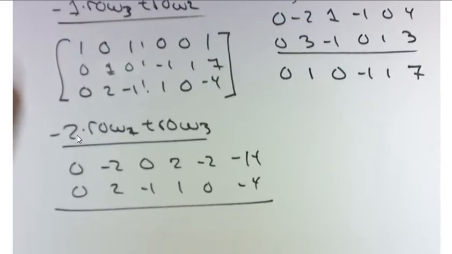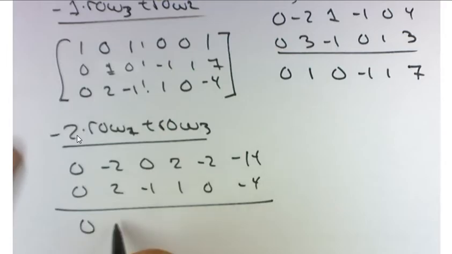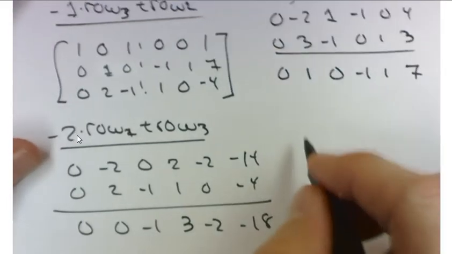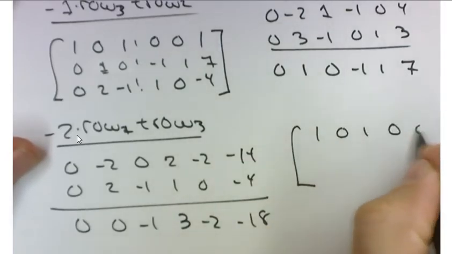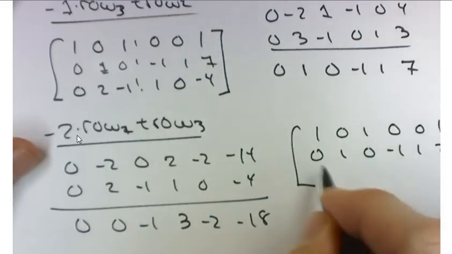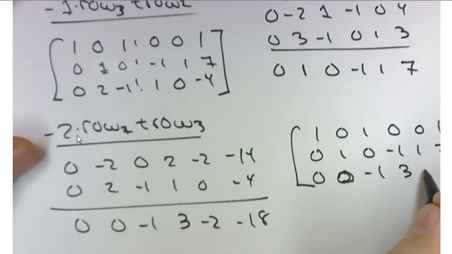So 0, 0, negative 1, 3, negative 2, negative 18. That's going to be our new third row. The first two rows haven't changed.